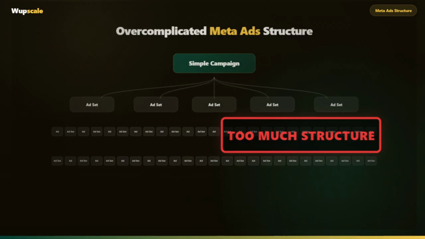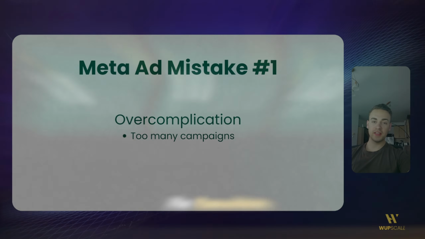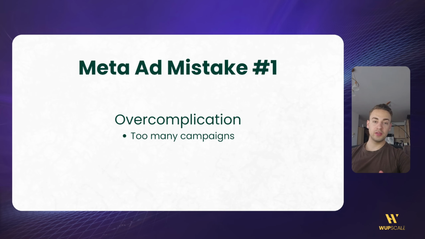Now it might be okay when your spend is low, but if you plan to scale your campaigns and optimize it accurately, or you plan to hire a media buyer, it's going to be just crazy and you won't be able to optimize, because optimizing 50 different ad sets, looking at all the different data, there's just too much time, too much effort, and you can make it so much easier.